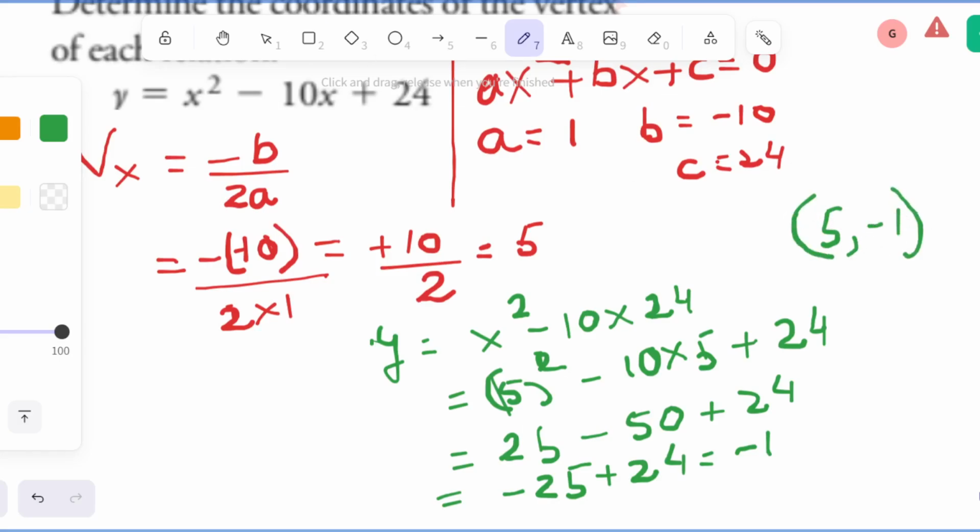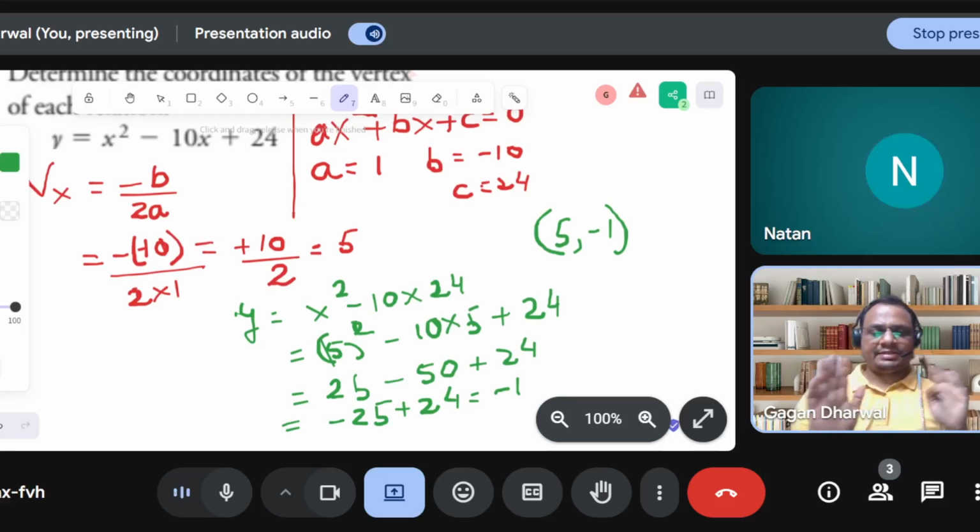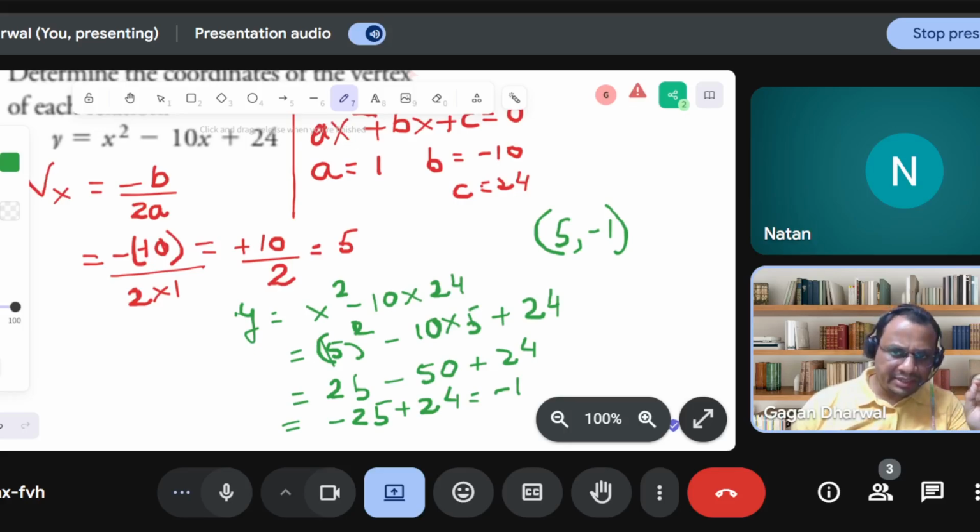Let's summarize, Nathan. Whenever you get an equation, compare it with the standard quadratic equation, which is ax square plus bx plus c equal to 0. Find out the values of a, b, and c. Then the x coordinate of the vertex will always be minus b upon 2a. When we plug in the values of b and a, we got the x coordinate of the vertex as 5.